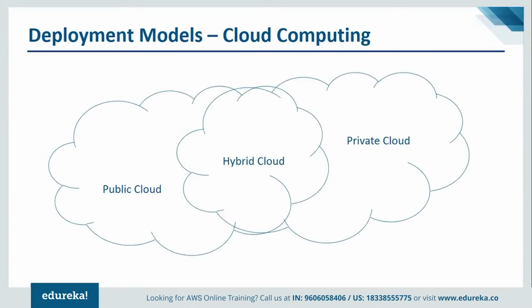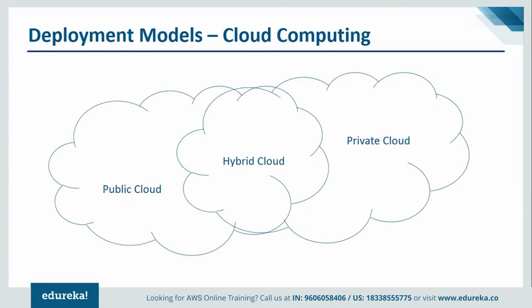Now, hybrid cloud is actually a mixture of both public cloud and private cloud. So if you have an application wherein you're using public cloud and private cloud both, you term it as hybrid cloud. For example, if you are in a data science company and you want to host a website, hosting a website can be done on the public cloud, but at the same time you have some confidential data as well that you don't want to expose to the internet.